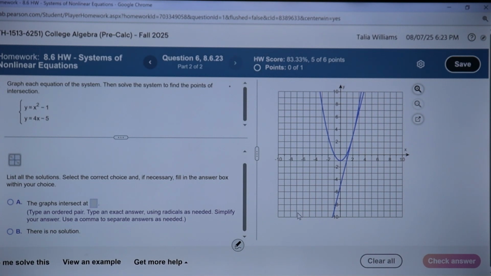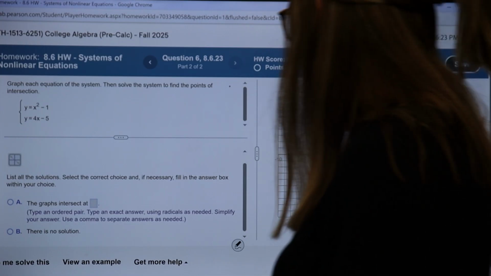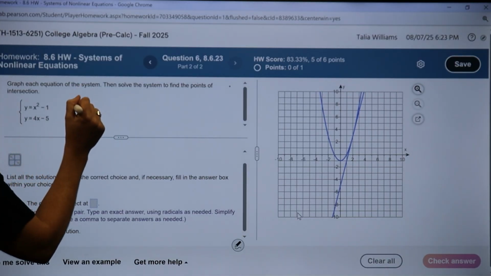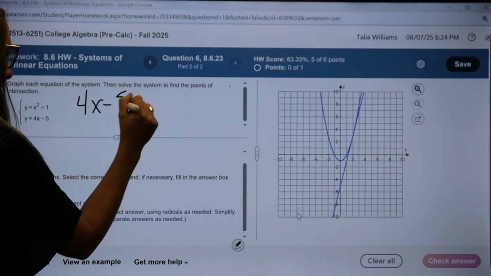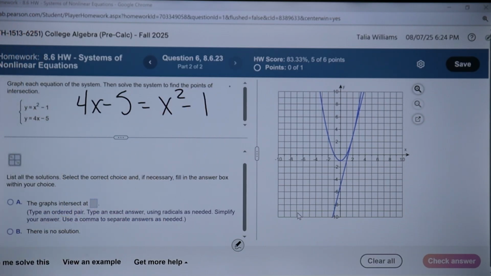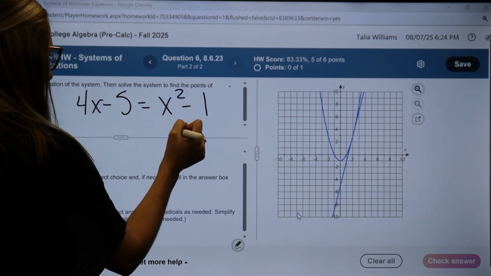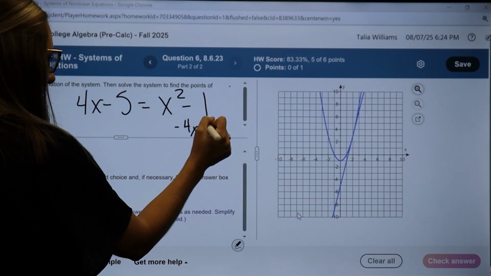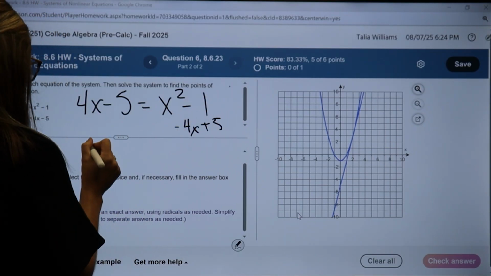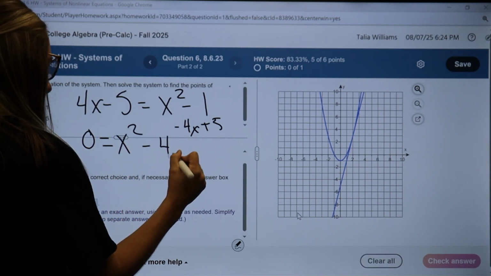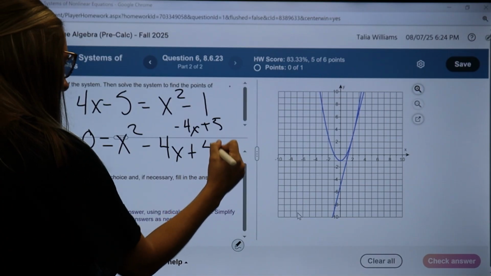Let's do it. The other option is Desmos, but let's just go ahead and do this. I'm going to substitute 4x minus 5 into this y. So I'd have 4x minus 5 equals x squared, subtract 1. When we have a quadratic, we have to get everything on the same side so that we can factor it. So I'm going to subtract my 4x, and add this 5 to this negative 1. So I'm going to have 0 equals x squared, subtract 4x plus 4.